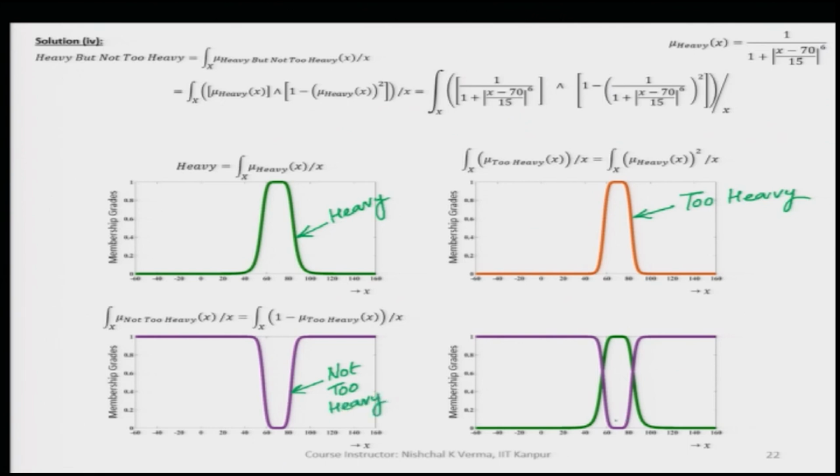Now, for finding heavy but not too heavy, we have to use the connective but, and for but we use and, which means we are taking the intersection.